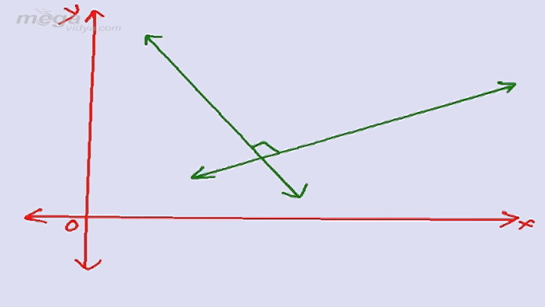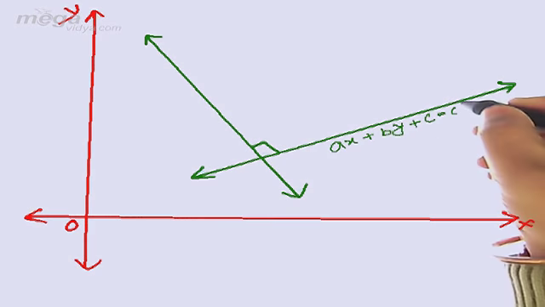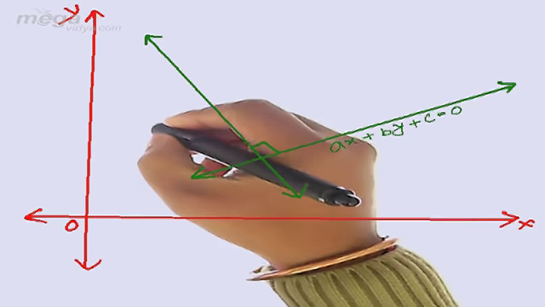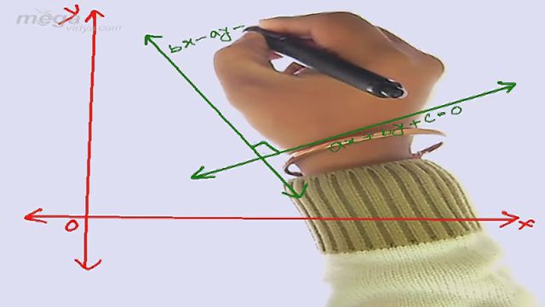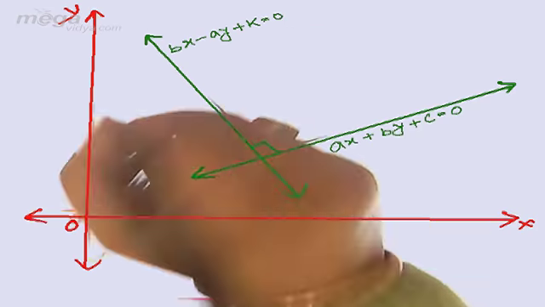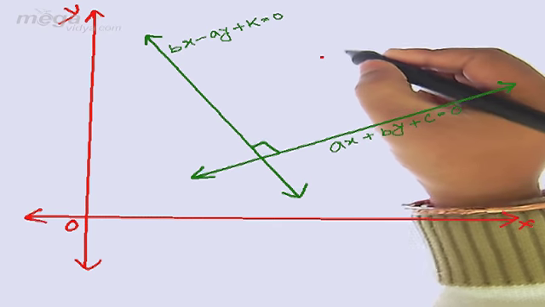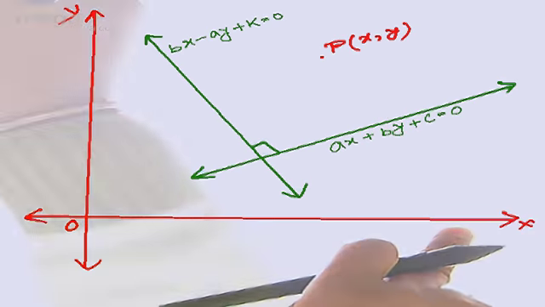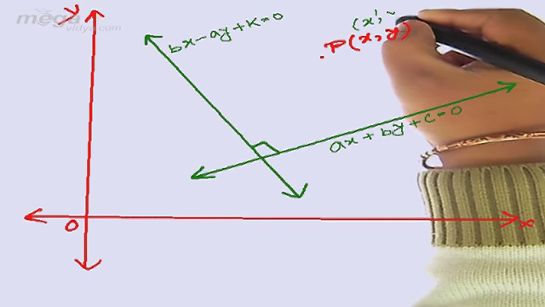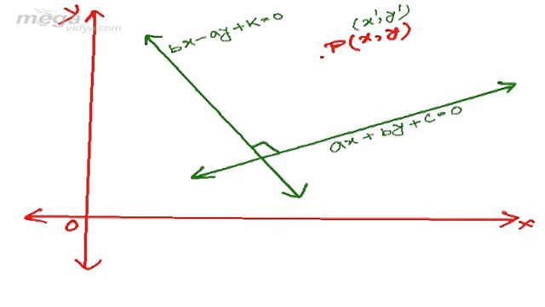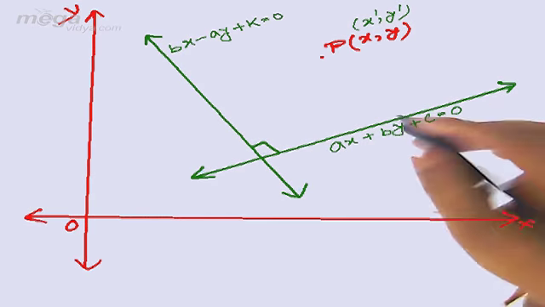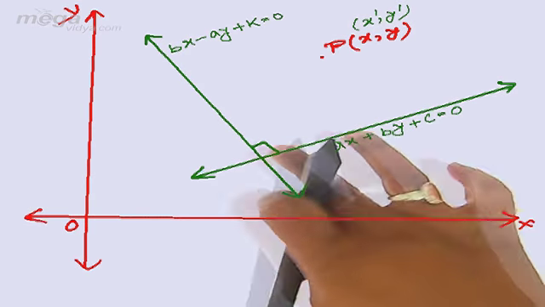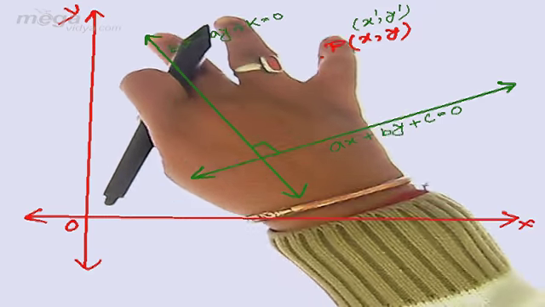This is the coordinate of the same point, x dash, y dash, but with respect to the new axis, ax plus by plus c equal to 0 and bx minus ay plus k equal to 0.